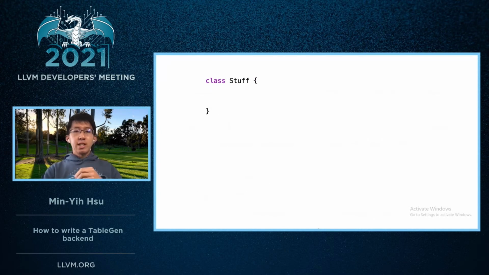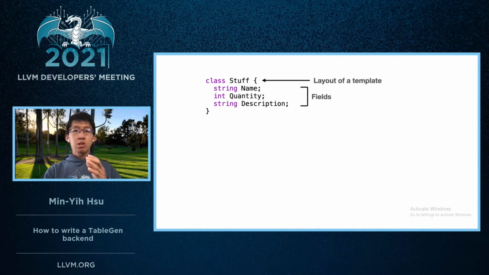So let's look at a simple TableGen code example. A class inside TableGen is used to describe the layout of a template. In this template, we use so-called fields to describe the respective properties. And now we will use the def syntax to declare records.